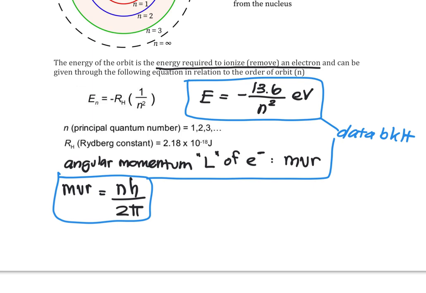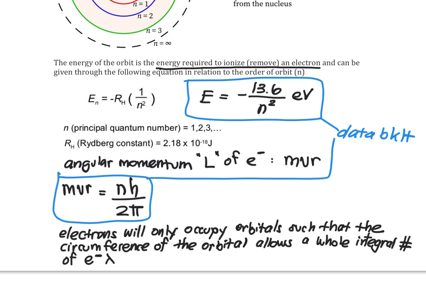Now, I mentioned that de Broglie was going to come into this, the de Broglie wavelength of the electron itself, and it turns out there's another thing about the electron orbitals. The electrons will only occupy orbitals such that the circumference of the orbital allows a whole number of wavelengths.